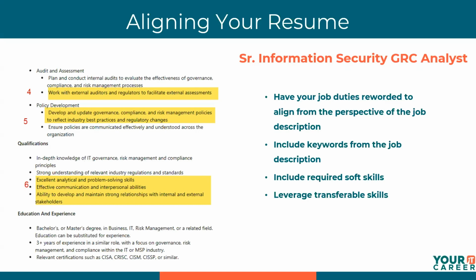We are reviewing the job description in detail and asking ourselves questions. Have I done anything related to this before? Have I acquired skills related to any of this? How can I update my resume so that the hiring manager, the recruiter, and the ATS, the applicant tracking system, also feel like my resume is aligned because I've done all the right things.